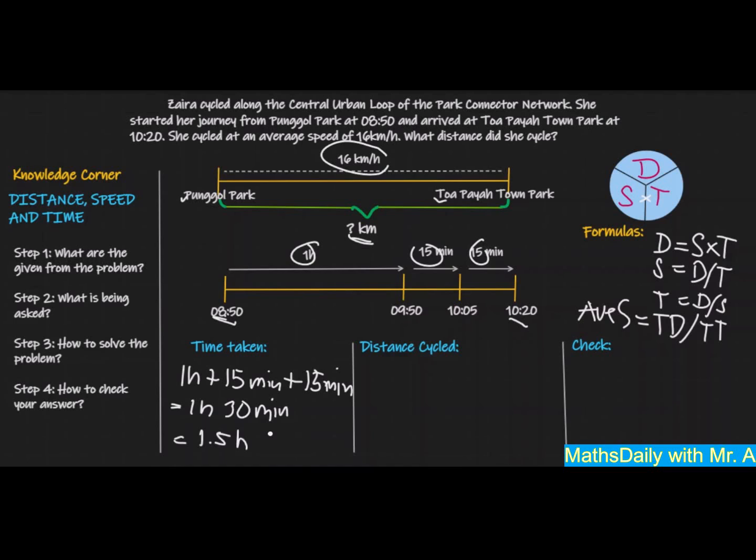Now that we have solved the time for the entire journey, let's calculate the distance she traveled. To calculate the distance, we are going to use the formula D equals S times T, or distance equals speed times time. So let's do the calculation. D equals speed times time.